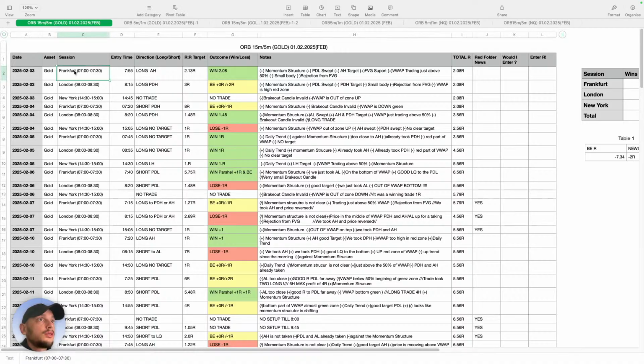So you see, I enter on Frankfurt, I enter on London, I enter on New York. Which time do I enter? Long, and what is my target? Long all-time high, long previous day high. What was my risk-return ratio target? What is the outcome? Pluses and minuses, momentum, structure, what is with us? Previous day low was swept already.